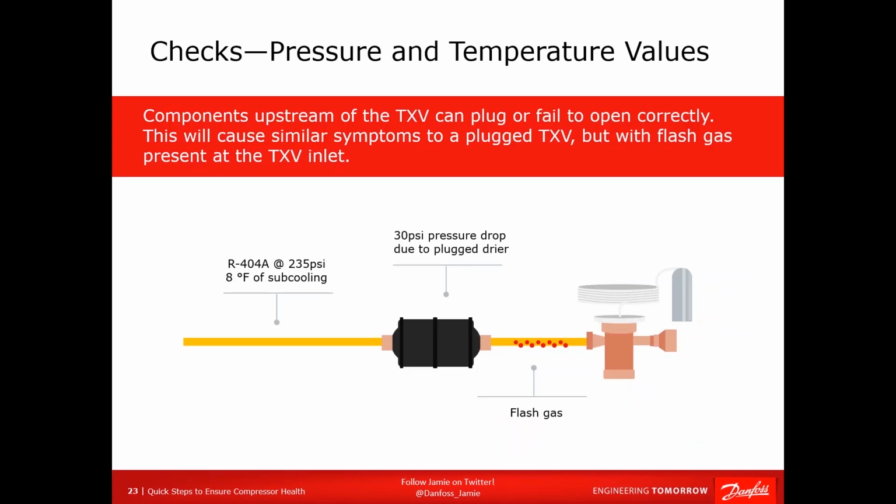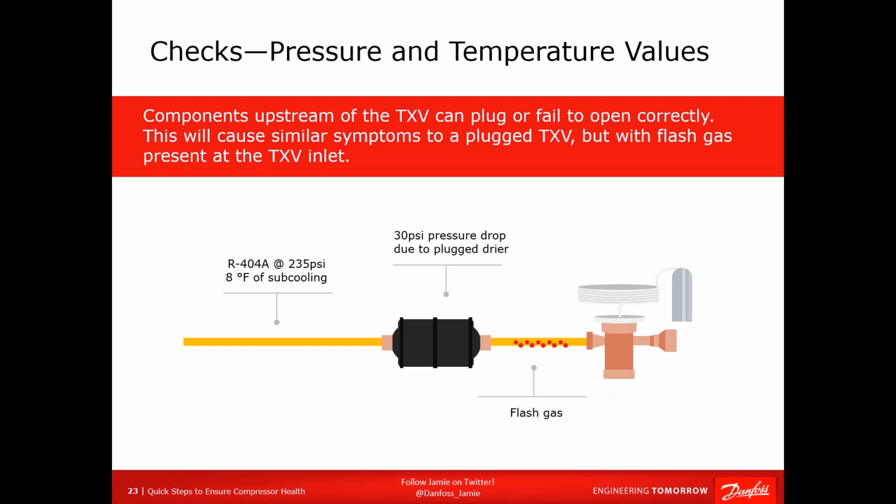I mentioned it already, upstream. This is a personal favorite of mine because it caused me a lot of grief back when I was a junior tech on a Friday night. Here you have a system. You've got lots of subcooling at the condenser outlet. You've got flash gas at the metering device. Don't do what I did and just add refrigerant thinking that you are low. In my case, it was a stuck solenoid valve further up that was causing a pressure drop.